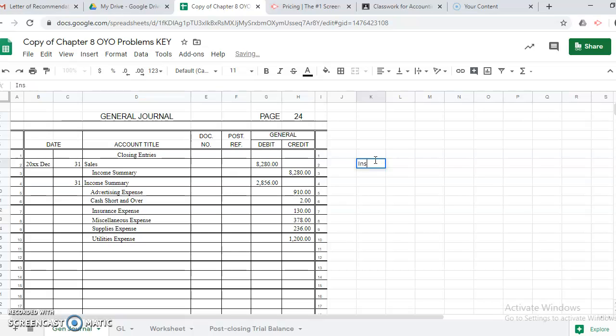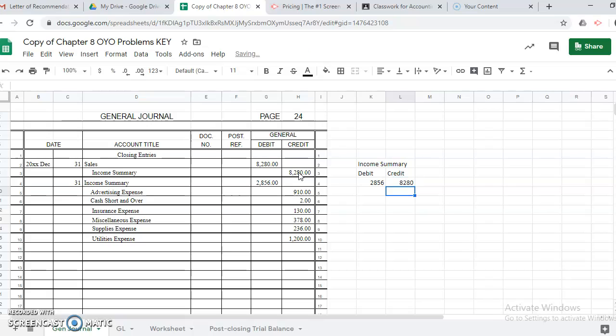The reason this affects income summary, if you have income summary right here, if I say this is the debit side and this is the credit side. Right now our debit amount for income summary I can see is $28.56. Our credit amount is $82.80.